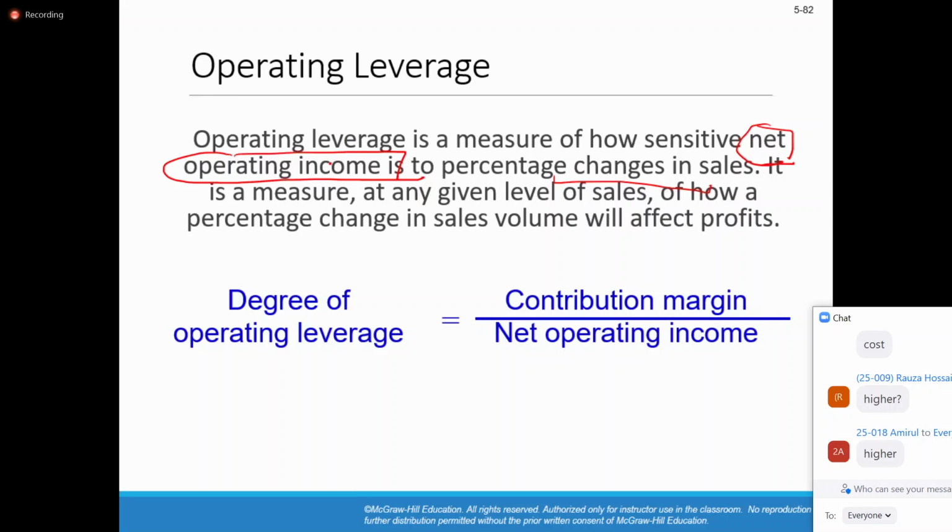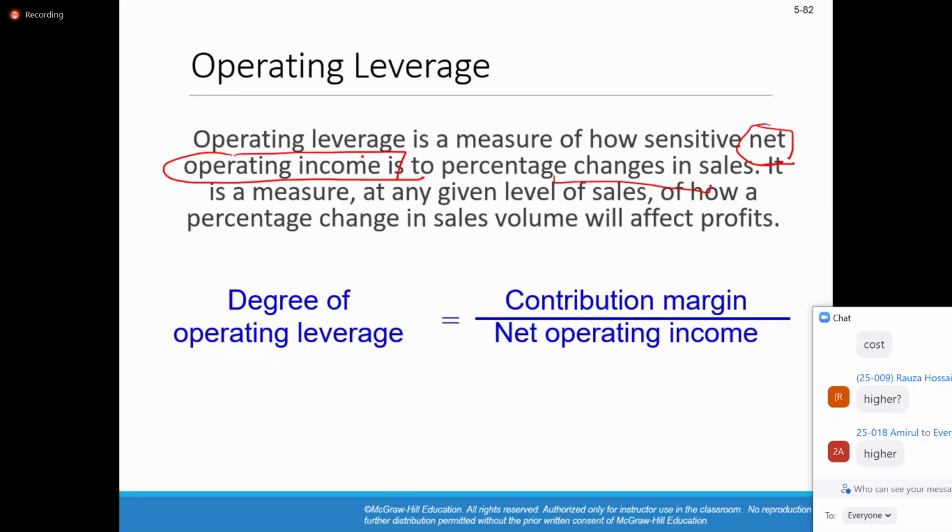You can recall that when we changed our sales dollars in earlier slides, we have seen that our net operating income is not changing by the same percentage. There is a difference, and that difference is caused by the cost structure.